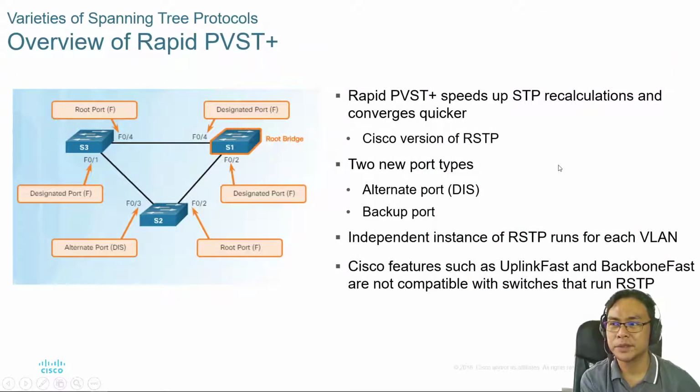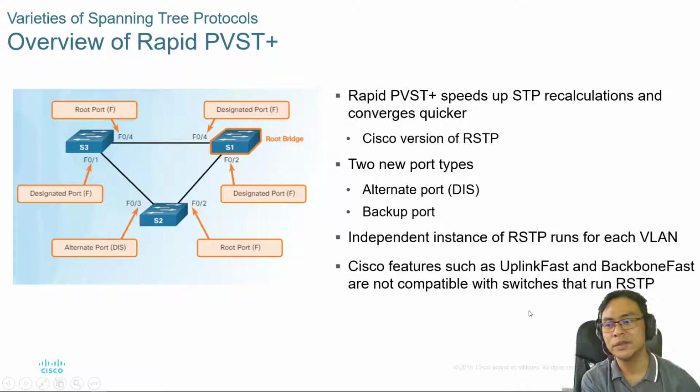Okay. So, overview of Rapid PVST. It speeds up STP calculations and converges quicker, which is the reason if you were looking at the table a while ago. It's a Cisco version of RSTP. There are two new port types, the alternate and backup port that we discussed earlier. An independent instance of RSTP runs for each VLAN.